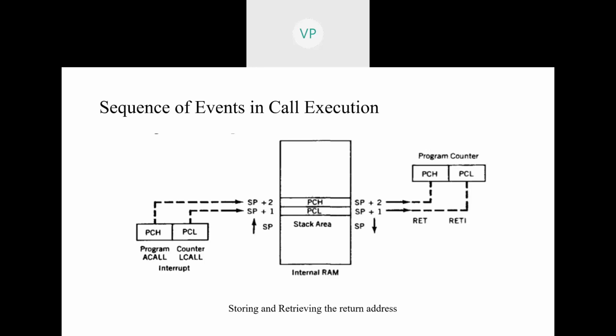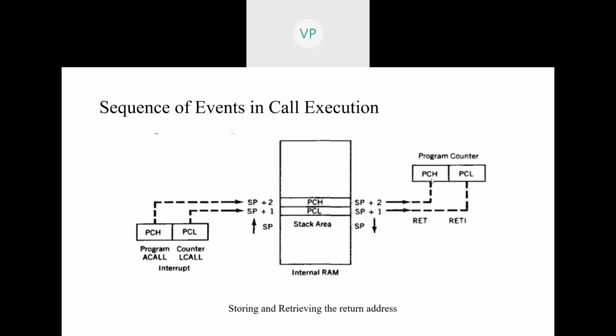Now it performs a pop operation. It gets the address stored at the stack pointer. It reads the content at the top of the stack, which is the higher order byte of the program counter.